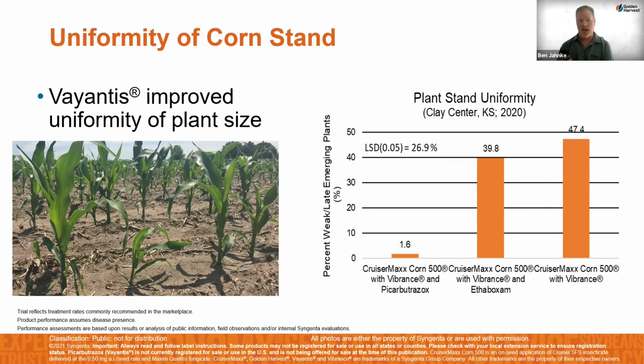The addition of ethoboxam reduced that to about 40%. But in the bar on the right, the addition of Viantis to Cruiser Max corn 500 with Vibrance significantly reduced the number of later emerging plants, so it led to a very uniform plant stand.